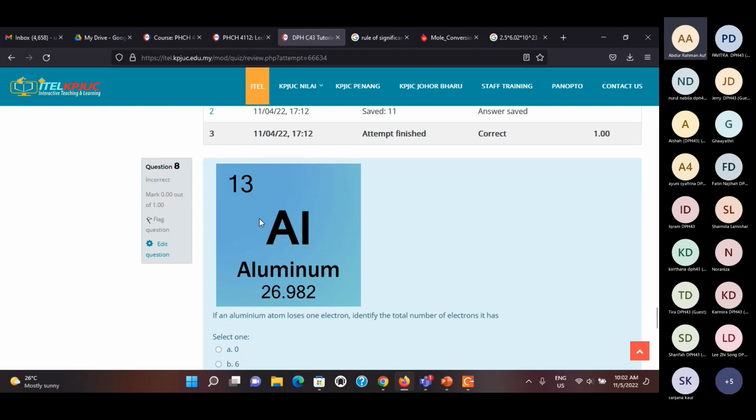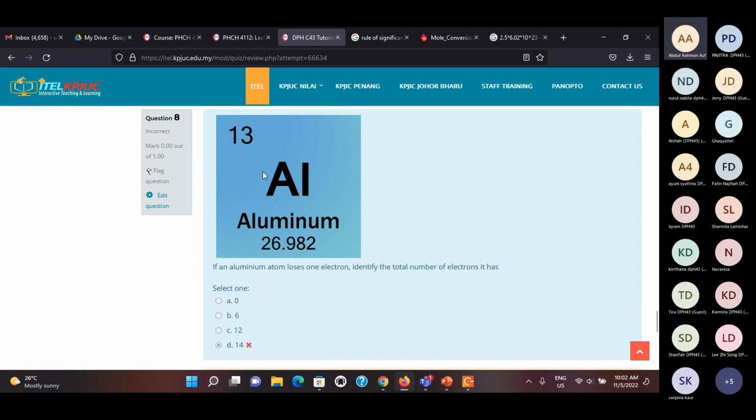Question number 8, aluminium. If an aluminium loses 1 electron, identify the total number of electron it has now. So here from this nuclear symbol we know the atomic number is 13. We also know the atomic number is equal to the number of protons that element has. So that means aluminium has 13 protons.